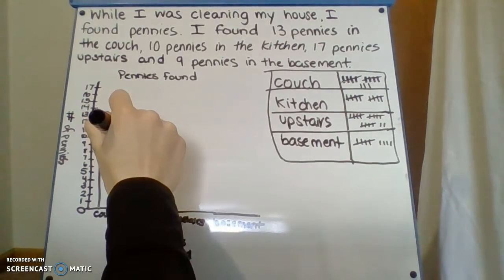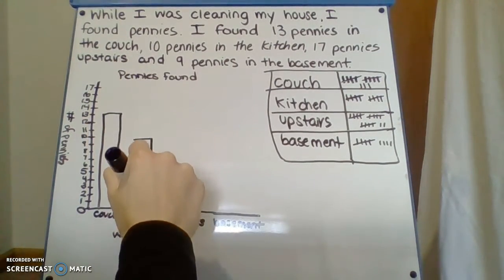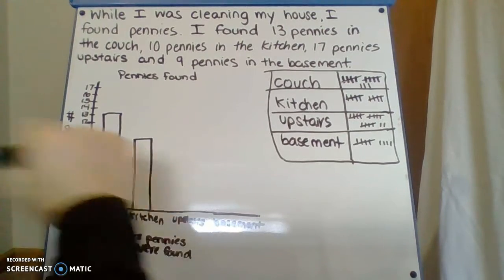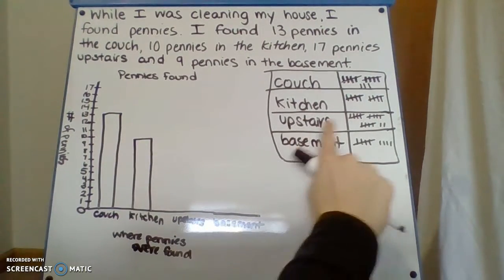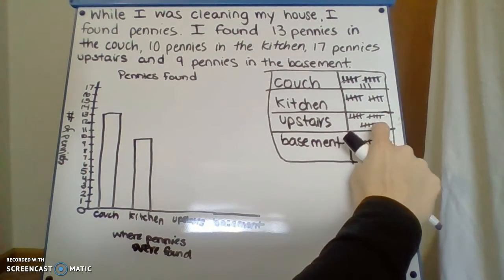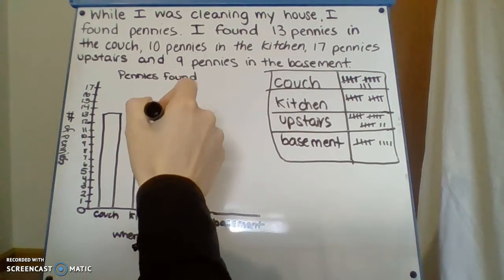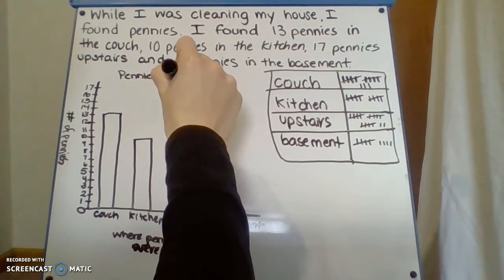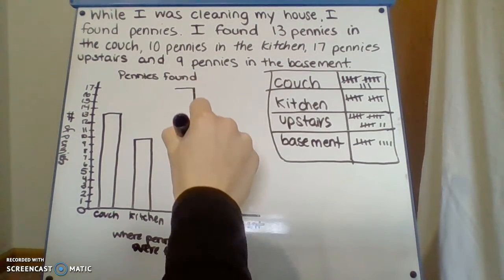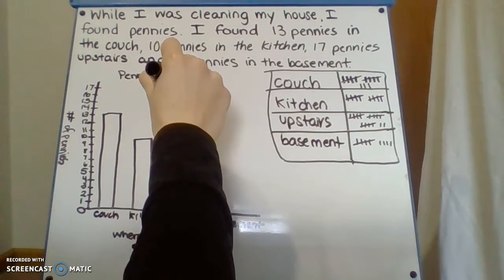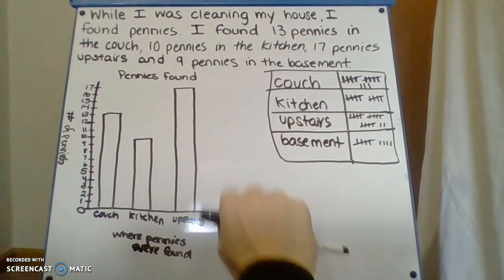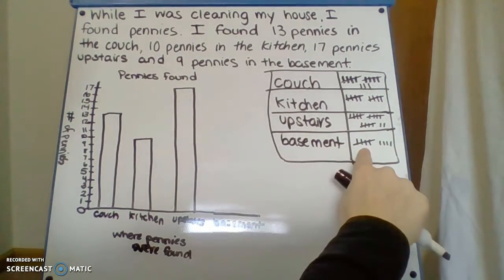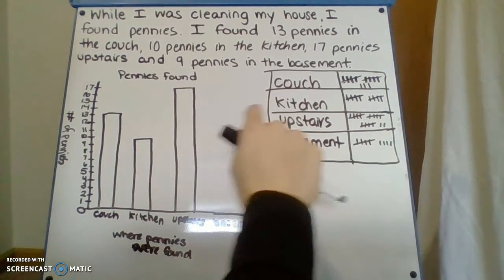I'm going to go to the number 10 and draw my bar straight down. Upstairs, 5, 10, 15, 16, 17. So all the way to the top for the upstairs. The basement, 5, 6, 7, 8, 9.